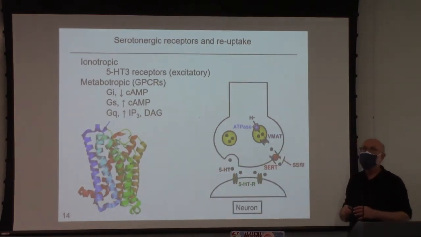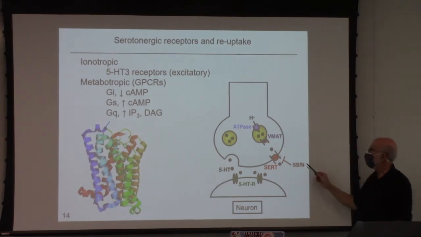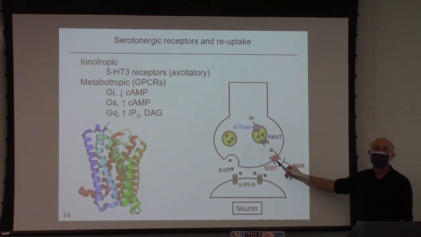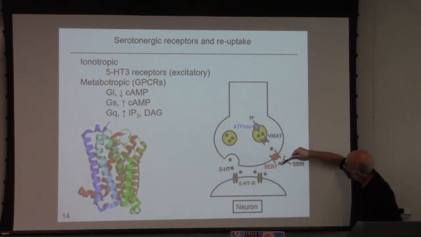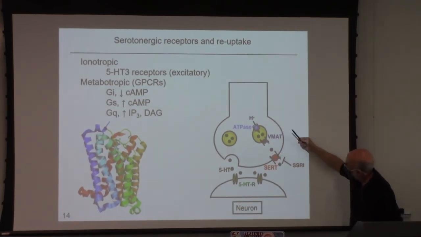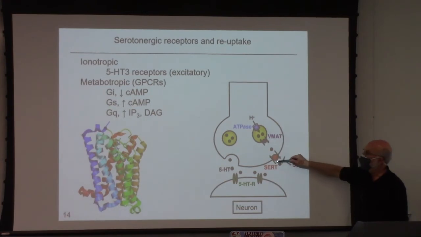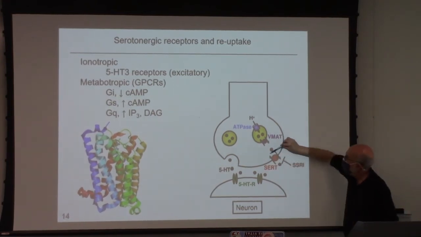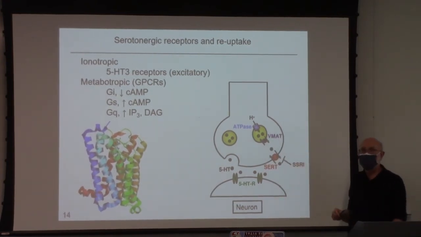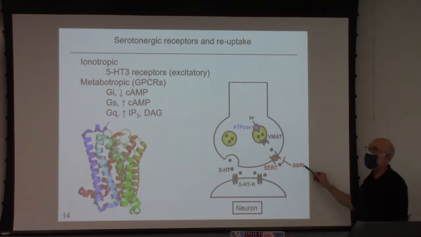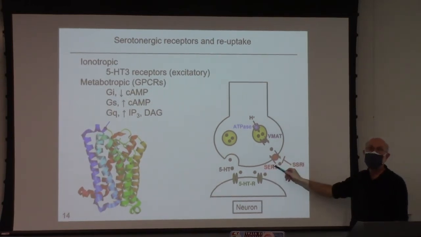You know that serotonin is important for mood and other things because the SSRI class of antidepressants act by inhibiting the sodium, this is wrong, the sodium neurotransmitter reuptake mechanism. The target for SSRIs is the serotonin reuptake transporter.